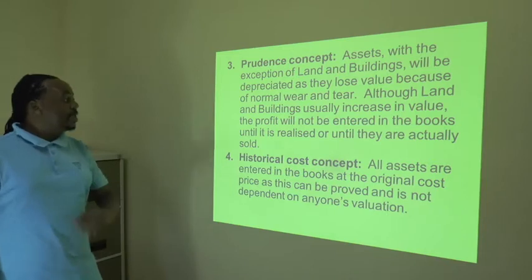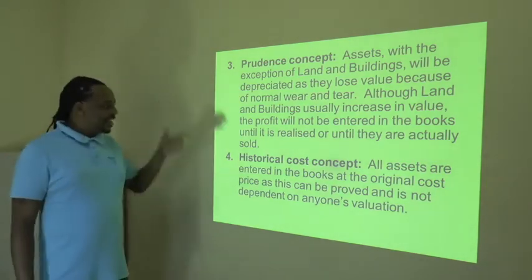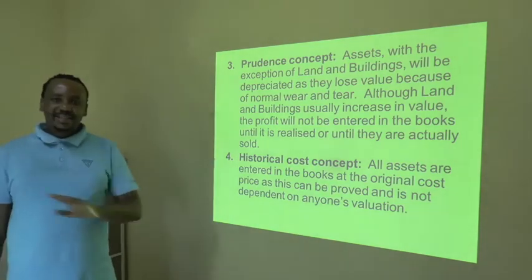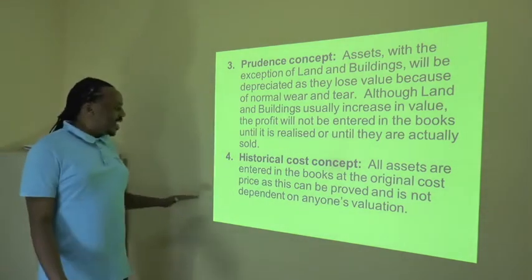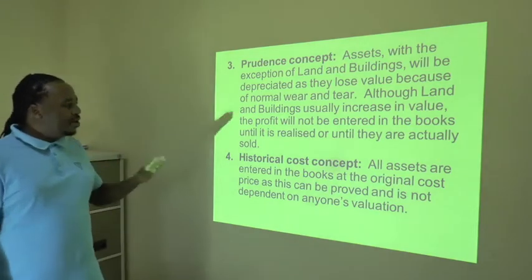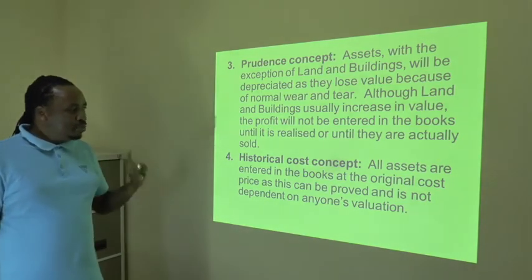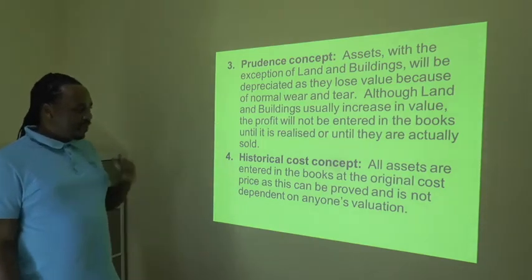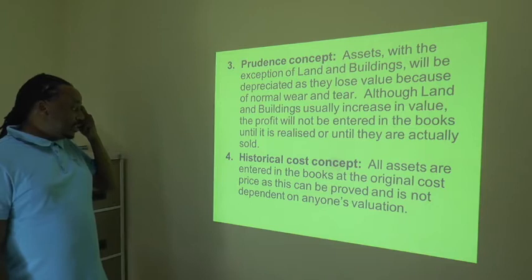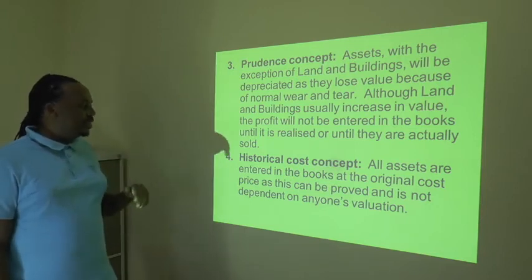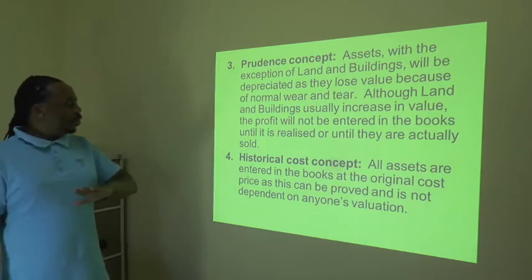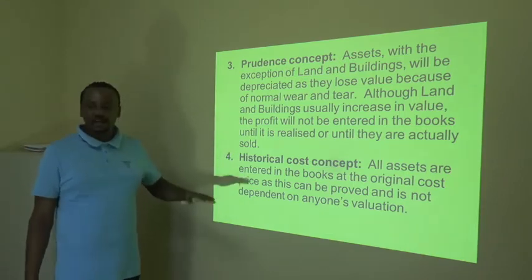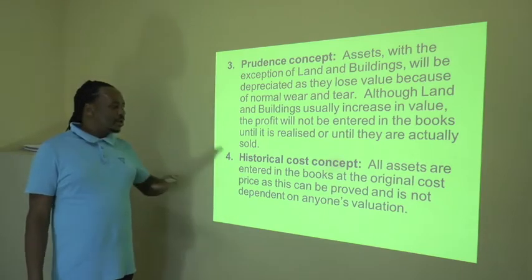So the main concept for tangible assets is the historical cost principle. We said all assets are valued at their original cost price. All assets are entered in the books at the original cost price, as this can be proven and does not depend on the annual value, which also means that all assets must always be valued at their original cost price.